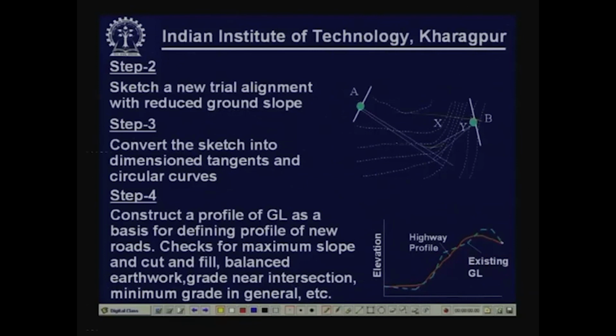You can see this green line showing the existing profile and the red line showing the approximate highway profile. So, once we have plotted that, we know what is the amount of cut, what is the amount of fill, whether that cut material can be used as fill, whether the earthwork can be balanced, whether the grade is permissible. All the features one can study very easily.